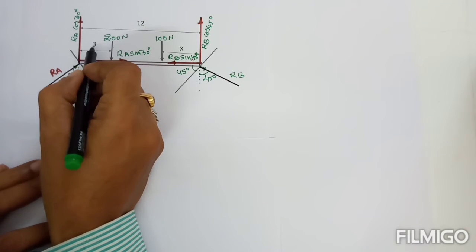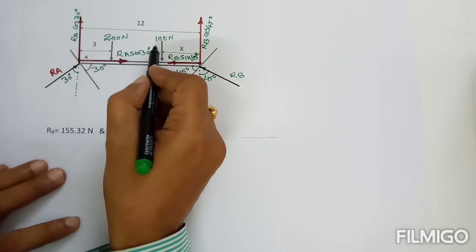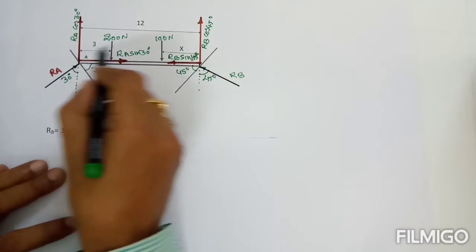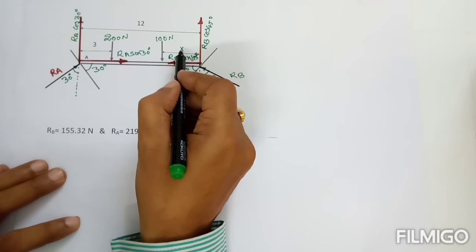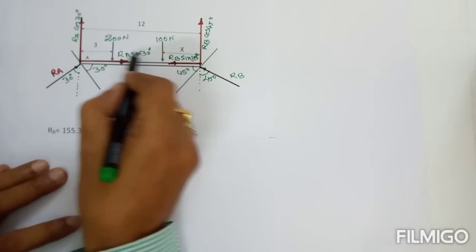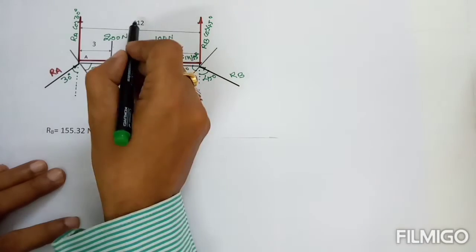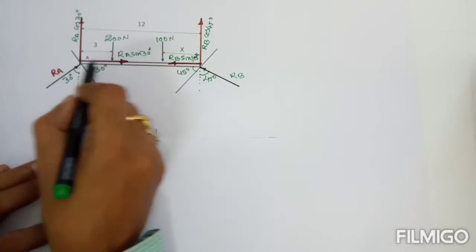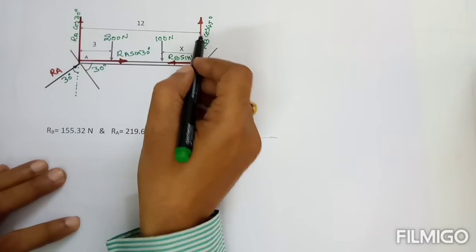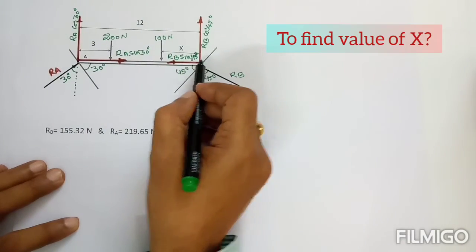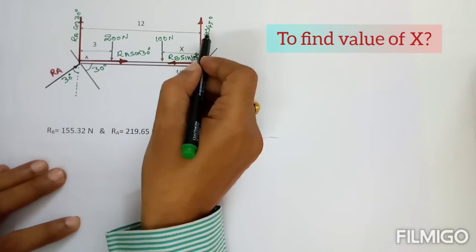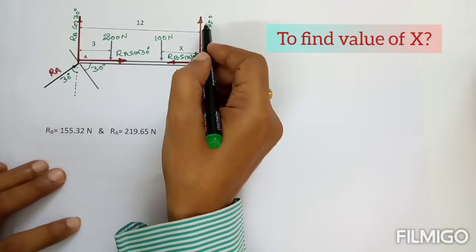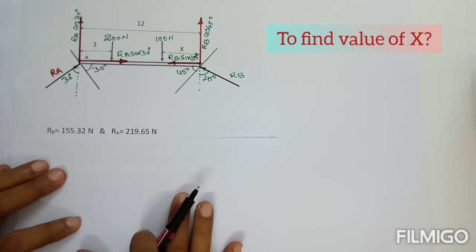So 200 into 3 plus 100 newtons, from A the perpendicular distance is 12 minus X, total distance 12, and this X is to be subtracted in order to get this particular distance, that is 100 into 12 minus X. These two are positive, minus RB cos 45, perpendicular distance 12, so 12 into cos 45.